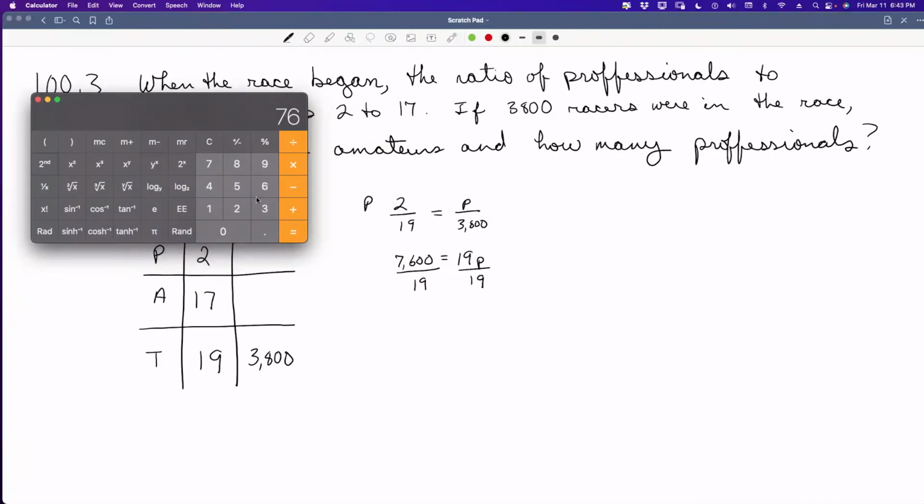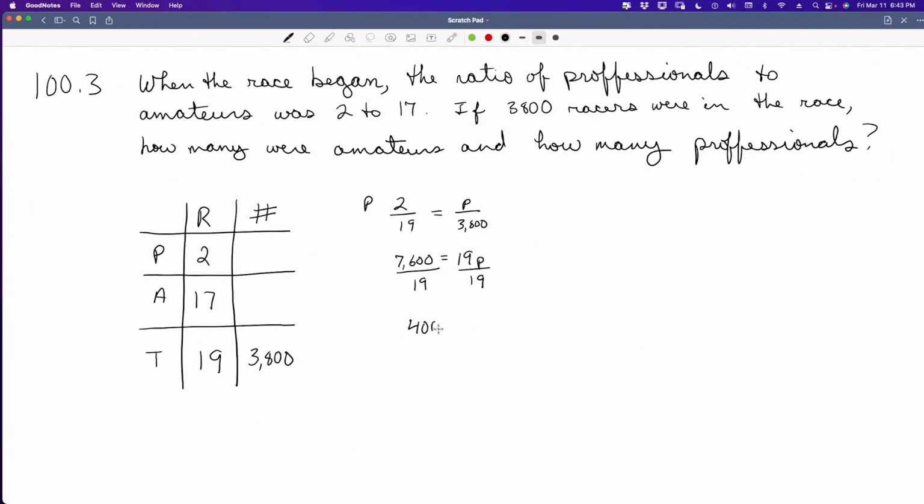So 7,600 divided by 19 equals 400. So 400 equals P. That's how many professionals we had. So 400 professionals, and if we subtract 400 from 3,800, we get 3,400, right? That's what should be our answer.